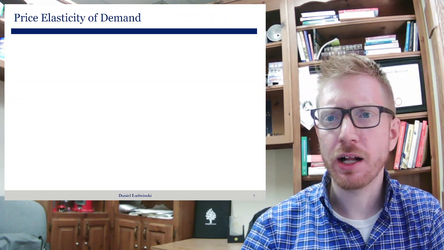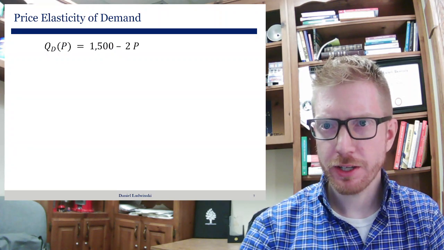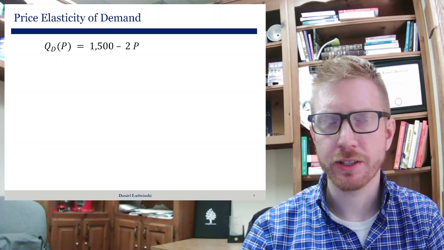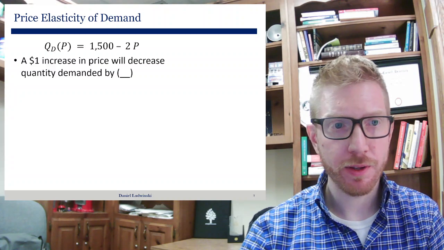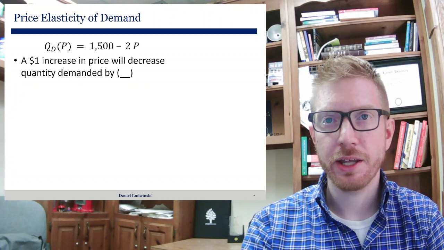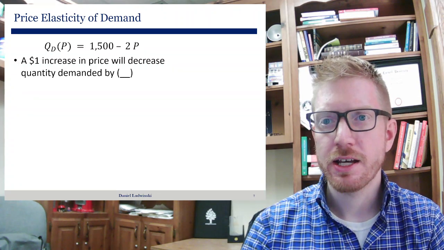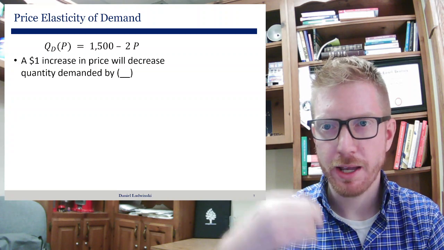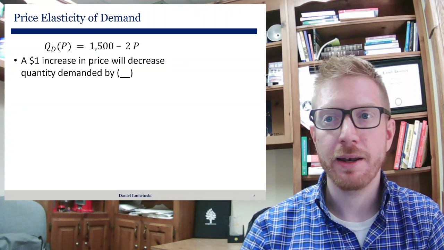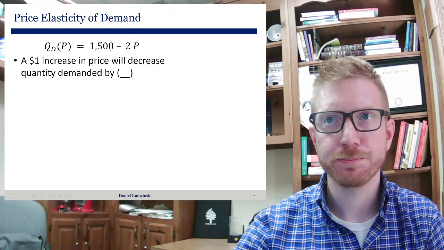So let's look at another demand curve. Here it's set up differently, but if we're looking at a $1 increase in price, again, we always have, when we're talking about demand, a decrease in quantity demanded with price. And again, you can see this slope of -2.